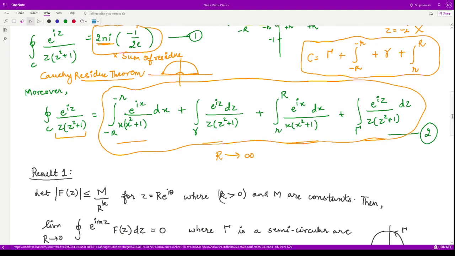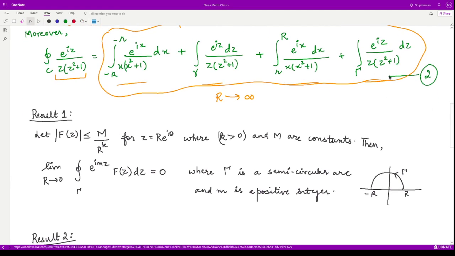And in order to solve these integrals, we have two results. The first result says that if the modulus of any function is less than or equal to M divided by r raised to the power k, where M and k are both constants and k is strictly greater than 0, and r is the modulus of the complex number z, then in that case the limit of the integration over gamma of e^(iota m z) f(z) dz is 0.